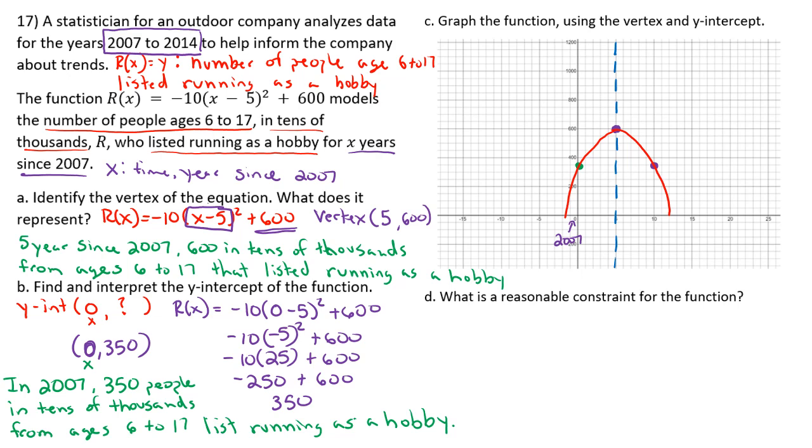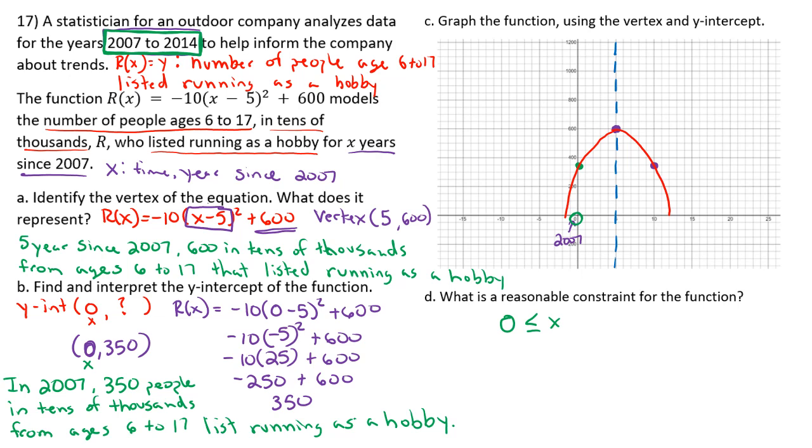Now part D says, what is a reasonable constraint for the function? When it's asking that, it's talking about what x values make sense in our story. So remember, if we look back at the story, this equation is talking about the years 2007 to 2014. And we showed earlier that 0 on our graph here is referring to the year 2007. So 0 is the smallest number we can have in our domain.